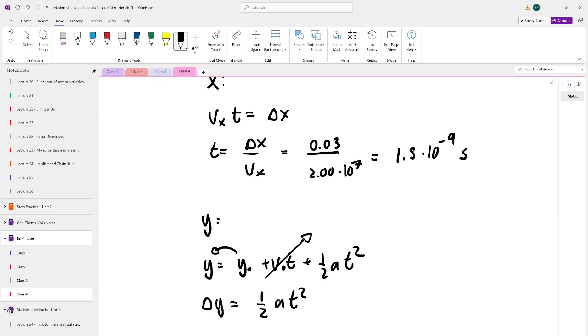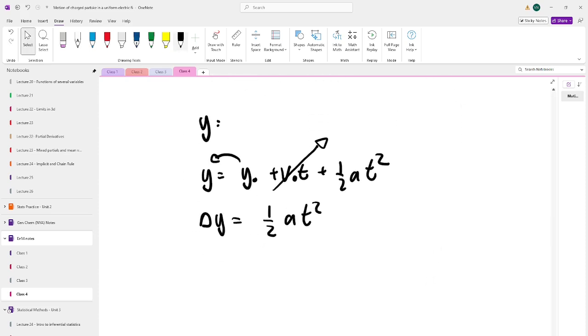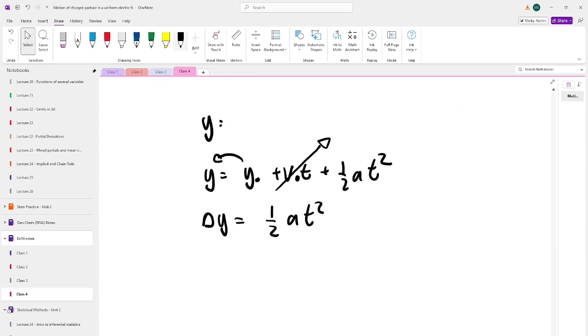Move this guy over. So then we can solve for our acceleration, which we would need. So delta y, we send the 2 over, times 2. We divide by t squared, which we know now, and this is equal to a. So we can fill in all of our missing data points.